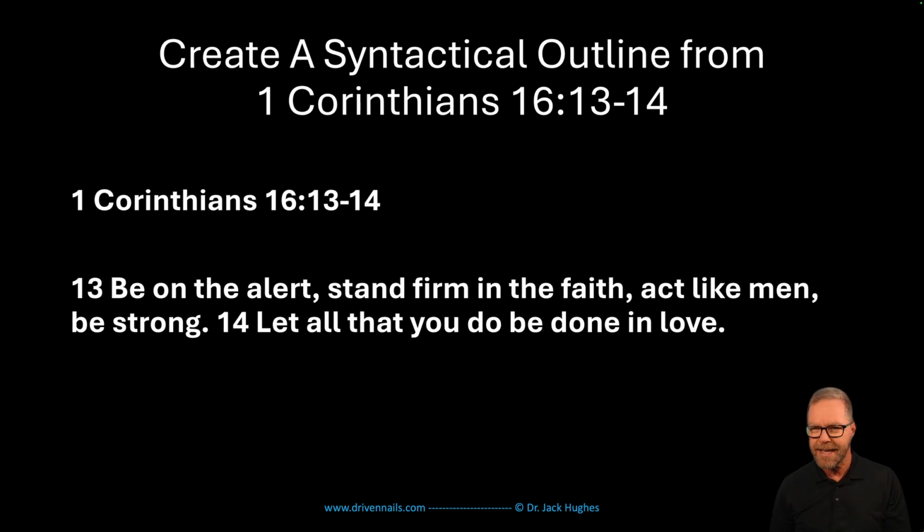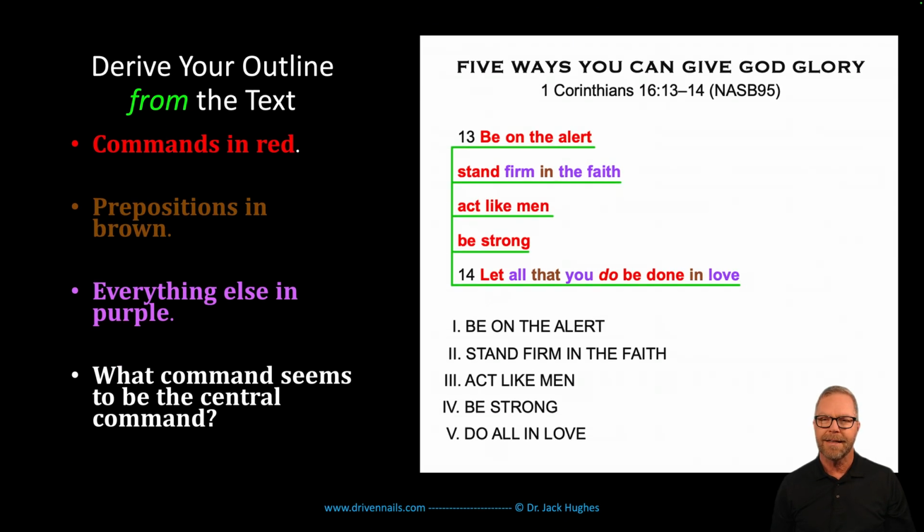And here is the text. I'm including verse 14. It's not assigned, but just because the whole pericope is in verses 13 and 14, I thought I'd do that. So there you have your text right there, and this is a pretty simple one. It's about as easy as one I could find. And here's what I came up with. Five ways you can give God glory.